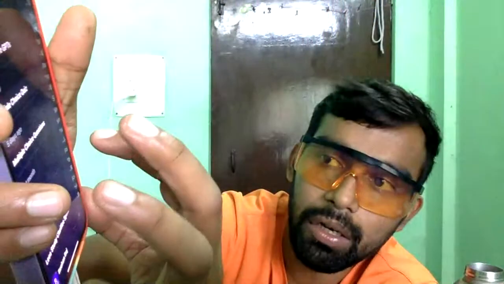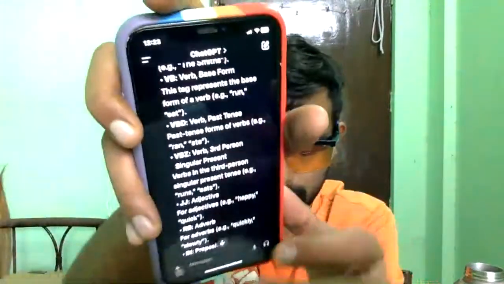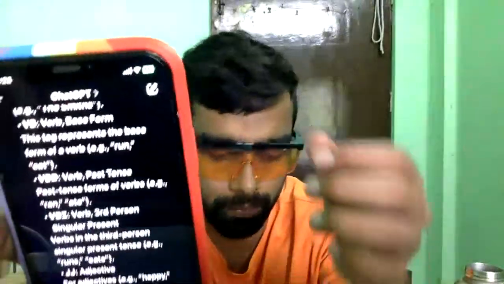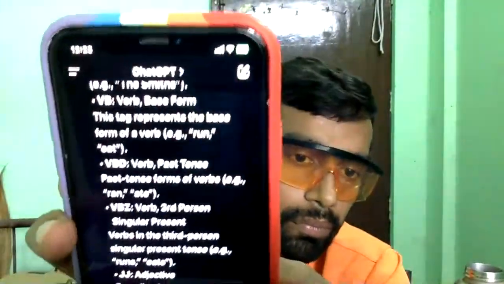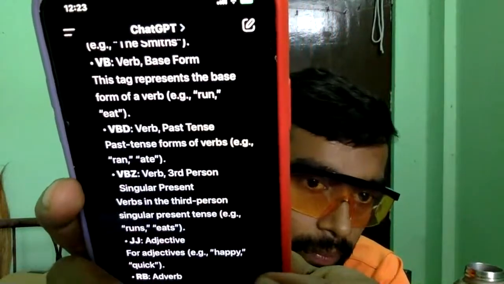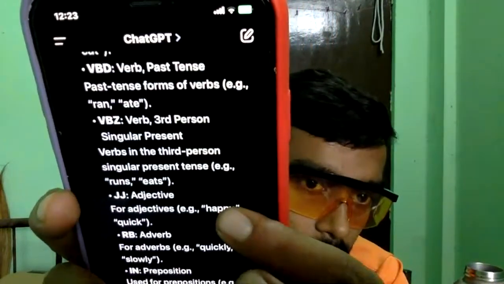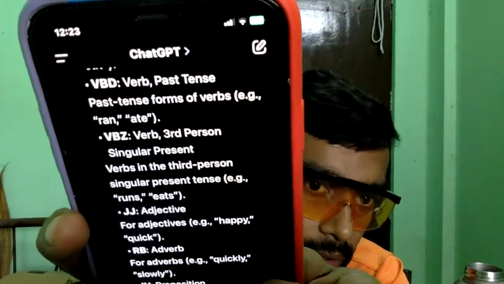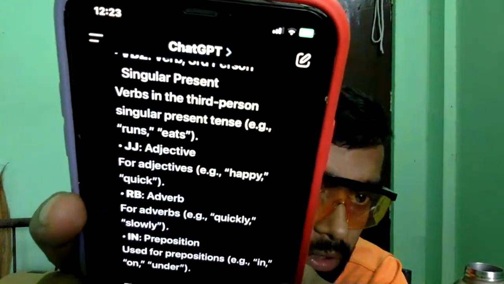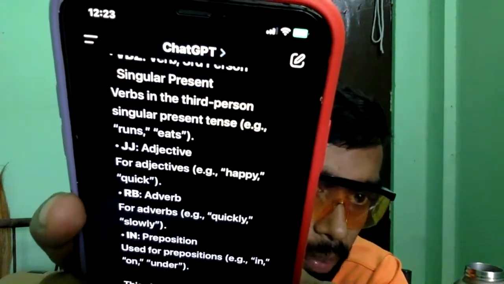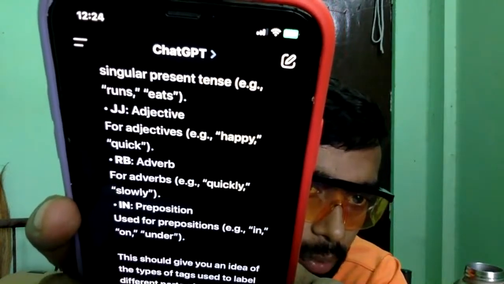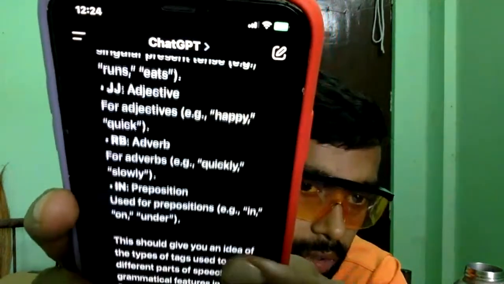VBZ, verb, third person singular present, runs, eats. JJ, adjective, happy, quick. RB, adverb, quickly, slowly. IN, preposition, in, on, under.